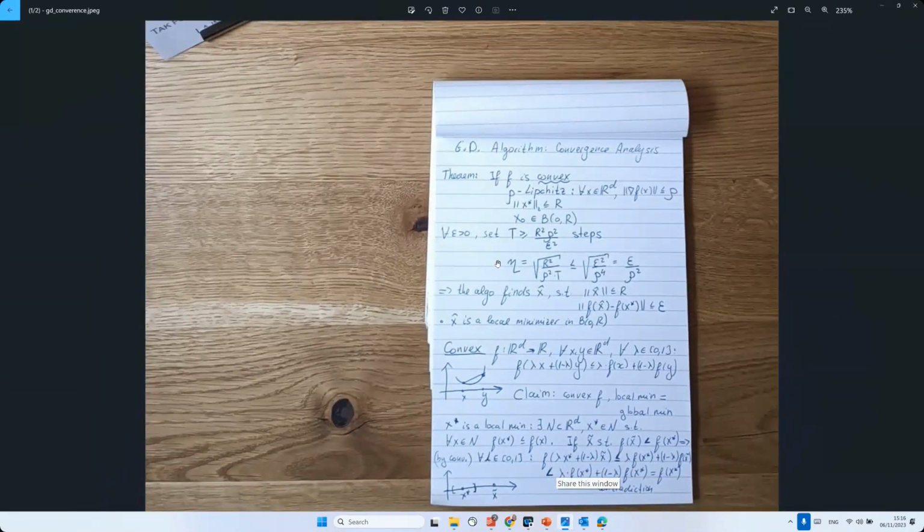So this is a nice theorem which gives exactly the convergence rate and gives the guarantee that the minimum will be found, which is not so trivial, right? Because there are so many assumptions.